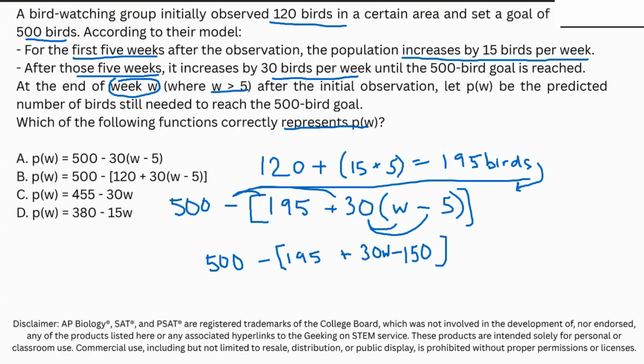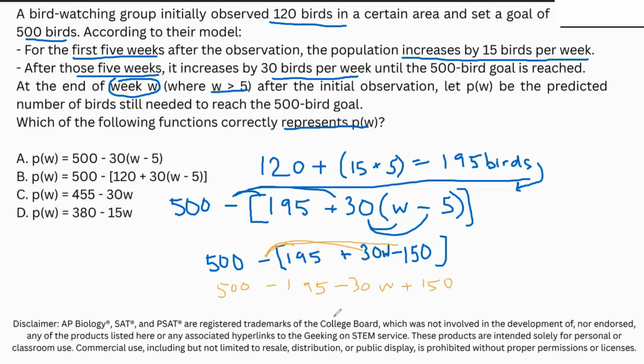The reason why I did this is because the incorrect answer is also here as well, where I'm pretty sure people forgot to distribute that negative sign, and then it caused issues in the calculation. So I'm just doing it to represent what the issue was. So I'm going to go ahead and distribute that negative sign there. I bring down my 500, negative 195 minus 30W plus my 150 here.